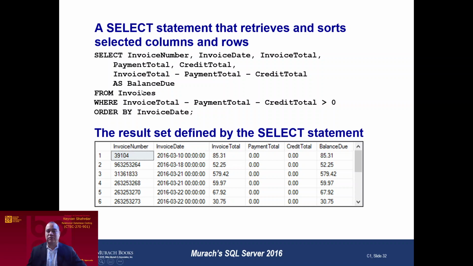Okay, so it goes into the invoices table, and wherever the invoice total minus the payment total minus the credit total is greater than 0, you show that, and in the order of the invoice date. So you show it by the invoice date, and this is what it's showing you.